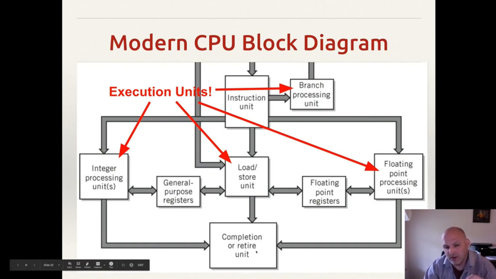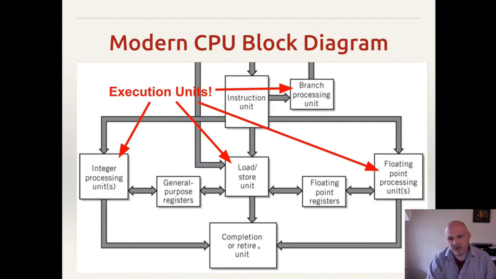Remember we talked about last time that even though we're speeding things up, all instructions still have to come out of the CPU in the correct order. We can't introduce bugs at the hardware level because we did things out of order.